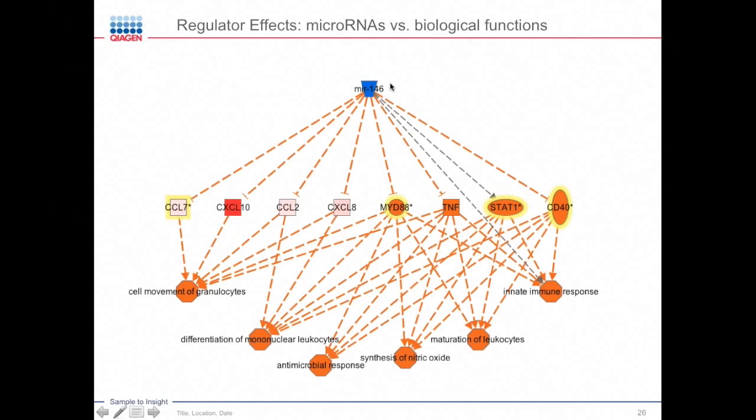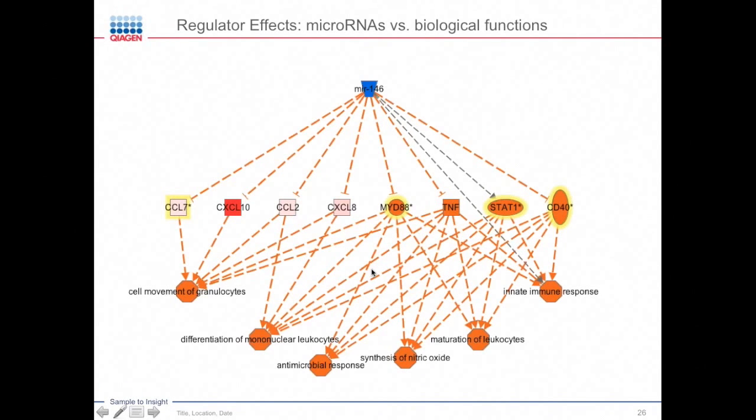We don't have a measurement of miR-146, but if it were regulated, it would be down. And it's affecting potentially these data set molecules. So by virtue of miR-146 being downregulated or inhibited, you get this effect on these molecules in the data set, which then in turn drive potentially increase of synthesis of nitric oxide, cell movement, things like that.